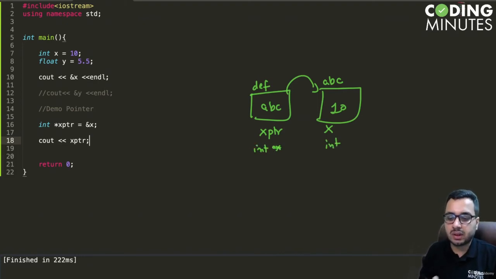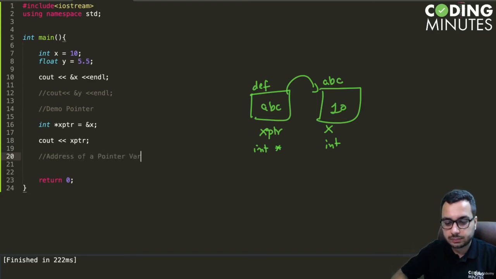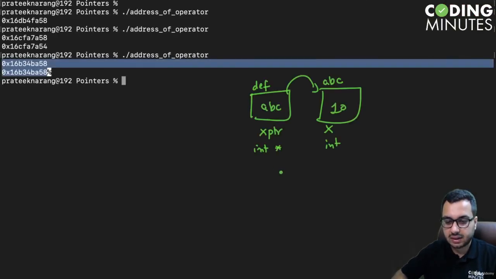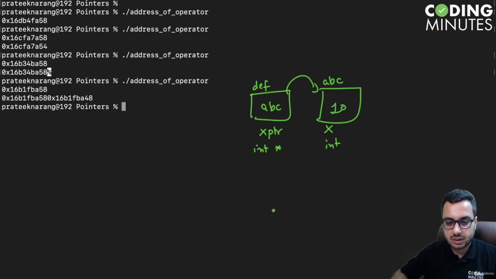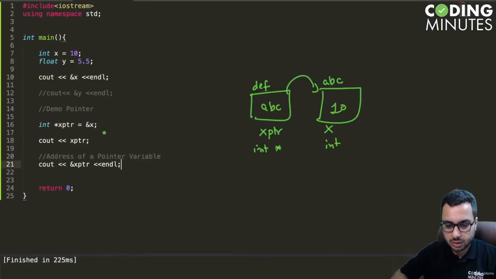It's very simple. We can again use the & operator followed by the name of the bucket. The name of the bucket is xptr. So we can find out the address of a pointer variable, and we can just cout &xptr. This will give us a different address that should be equivalent to def. So I should put an endl here.